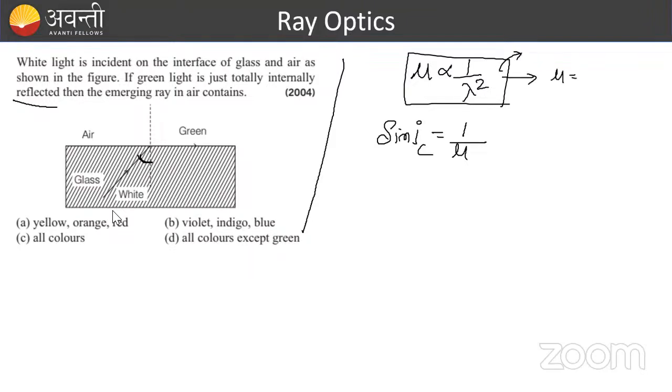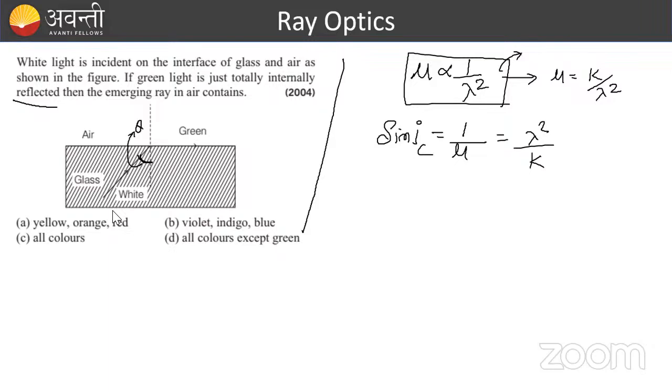So mu equals k by lambda squared, taking the constant as k. So 1 by mu will be lambda squared by k. So sin IC is equal to lambda squared by k. Done.